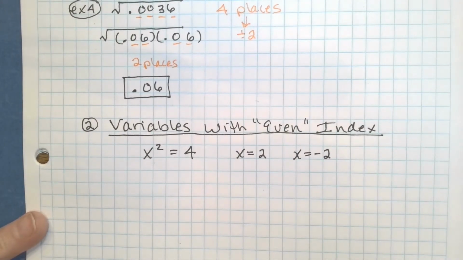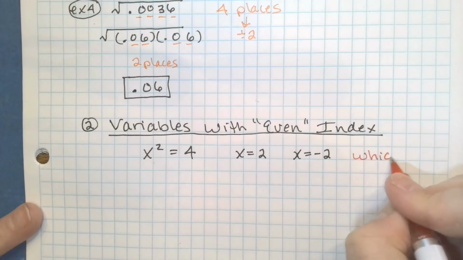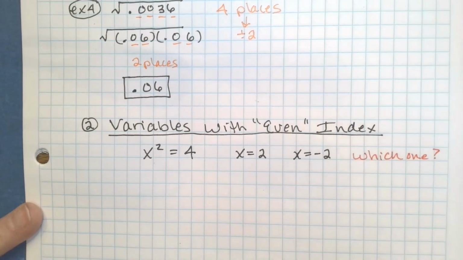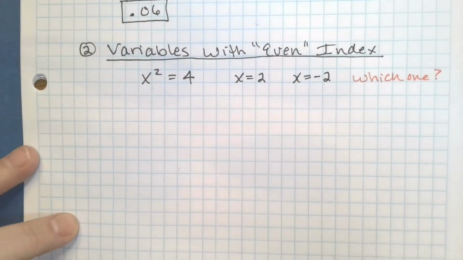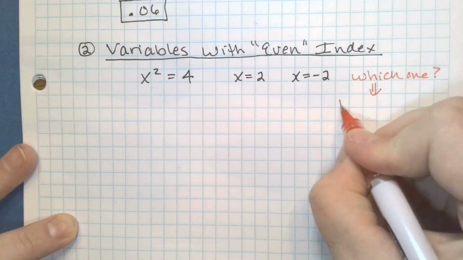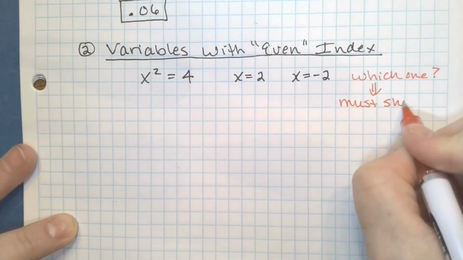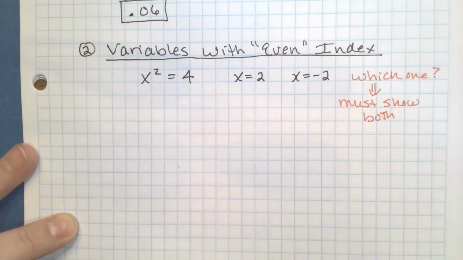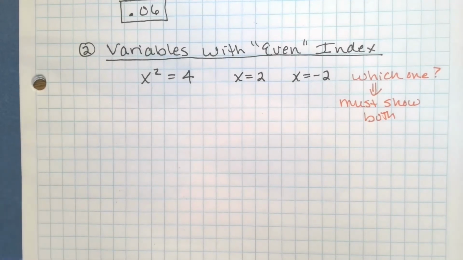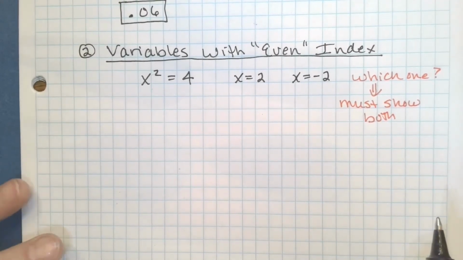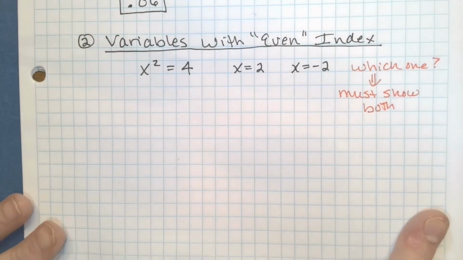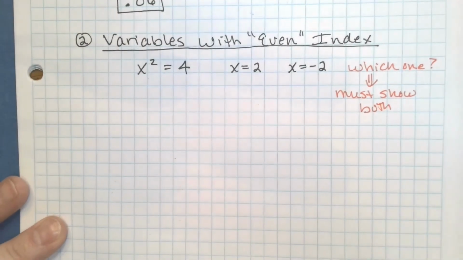So, of course, the question becomes, which one is it? Well, the answer is we don't know, so we're going to have to show both. We have to show that there are two ways this could possibly go. So we did a little bit of this when we were solving with radicals.